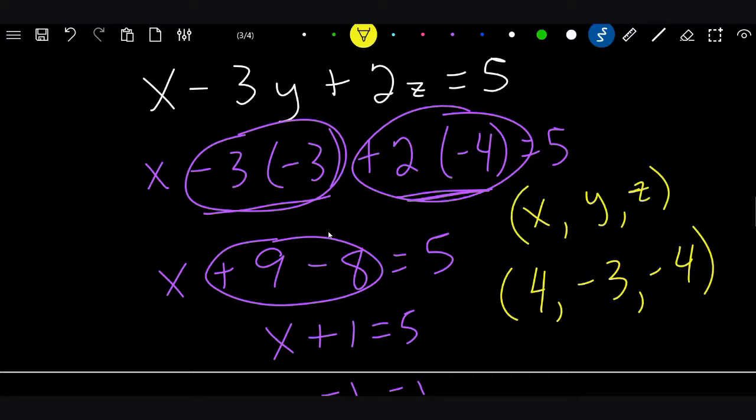Now, that took a little bit of time right there. You cannot solve these quickly. You've got to take your time and work through each step. If you struggled to follow me, go to a practice problem, watch the video, do each step as I do each step, and try to solve each one.